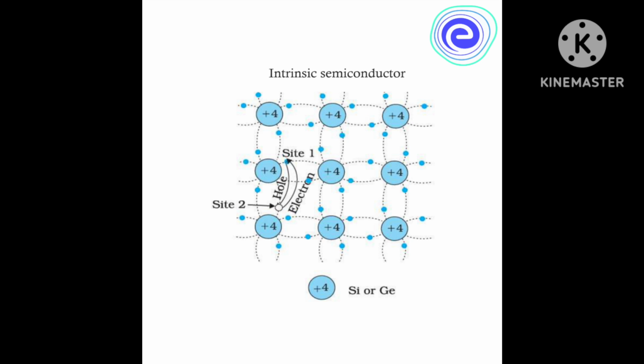Its magnetic moment originates from two types of motion. Electron has two types of motion. First, its orbital motion around the nucleus. They will be moving around the nucleus, that is the orbital motion. And second, it spins around its own axis.